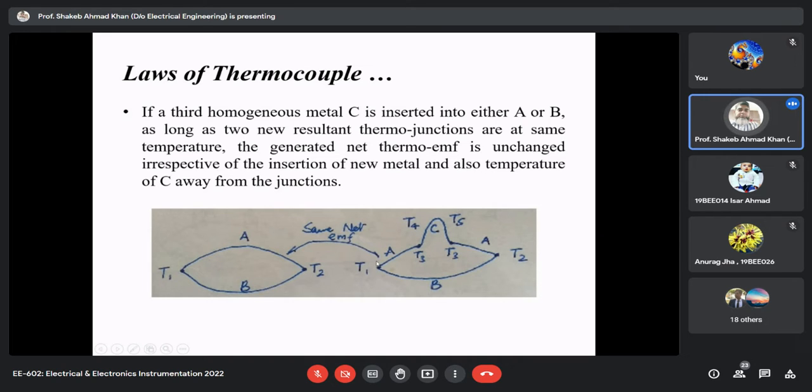Your net EMF, the output, will remain the same, provided that the junction temperature remains the same. So the insertion of the third homogeneous metal will not affect the output unless you change the junction temperature, provided that the new junctions are maintained at the same temperature. Only then. So try to understand, and if you are not able to understand, let me know.